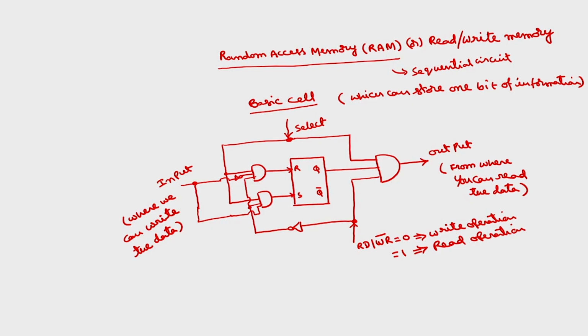Okay. Now the operation is, if you want to perform a write operation, first I will discuss the write operation. You can write either 0 or 1, say write 0.